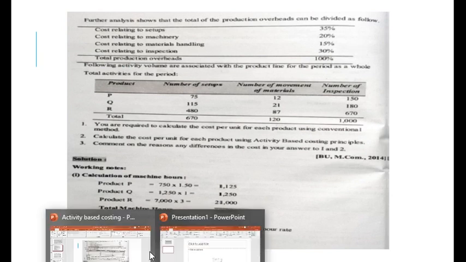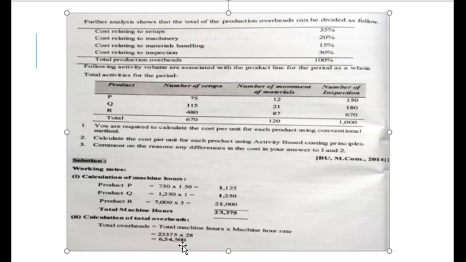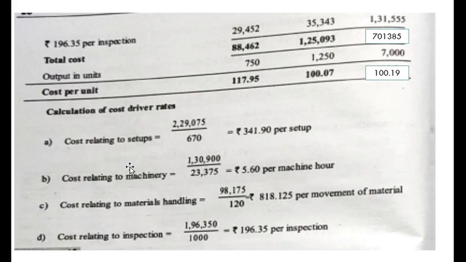So based on the total overheads we have calculated, 6,54,500 into 35%, we will get the overhead for setups.